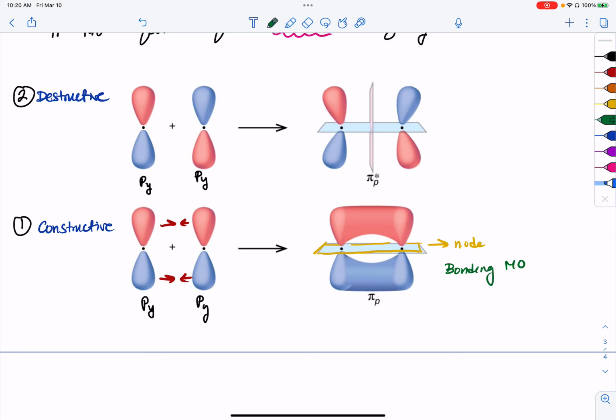Now the destructive combination, or the addition of the anti, is going to result in two planar nodes. So we have this planar node here, and also the one that's in the plane sticking in and out of the screen. So these are both nodes.